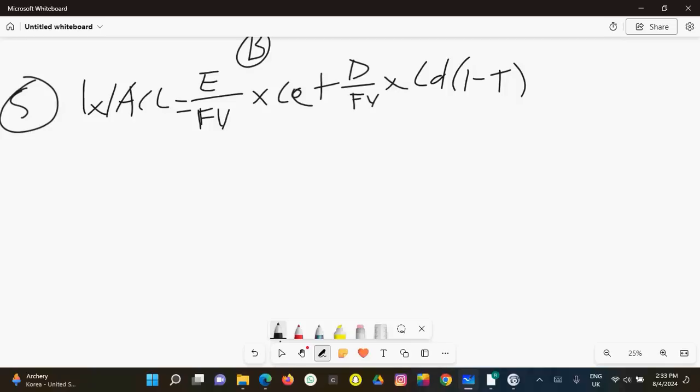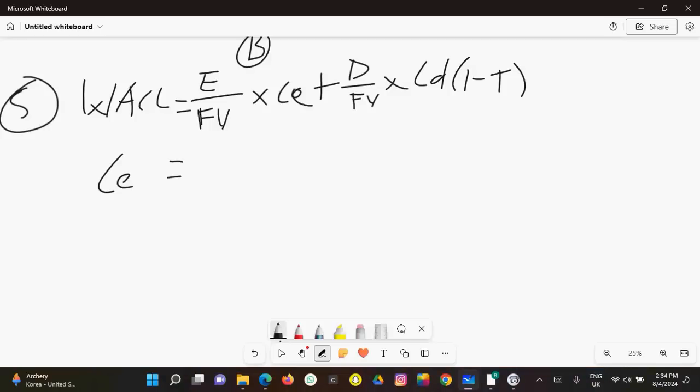Now in this question, we don't know the cost of equity, so we have to first solve for the cost of equity.